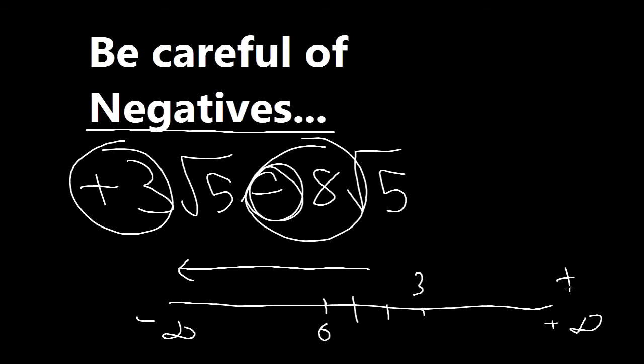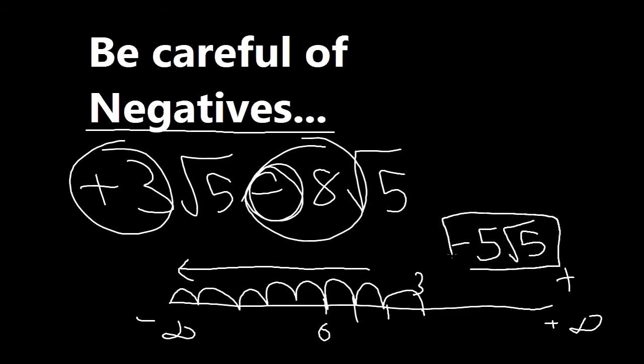But we have minus 8, so you want to count backwards 8 from 3 on the number line: 1, 2, 3, 4, 5, 6, 7, 8. What you'll get on the number line is actually minus 5 root 5. So you've got to be careful of this. It's the only real thing you have to worry about with this one, the order of the operations here.